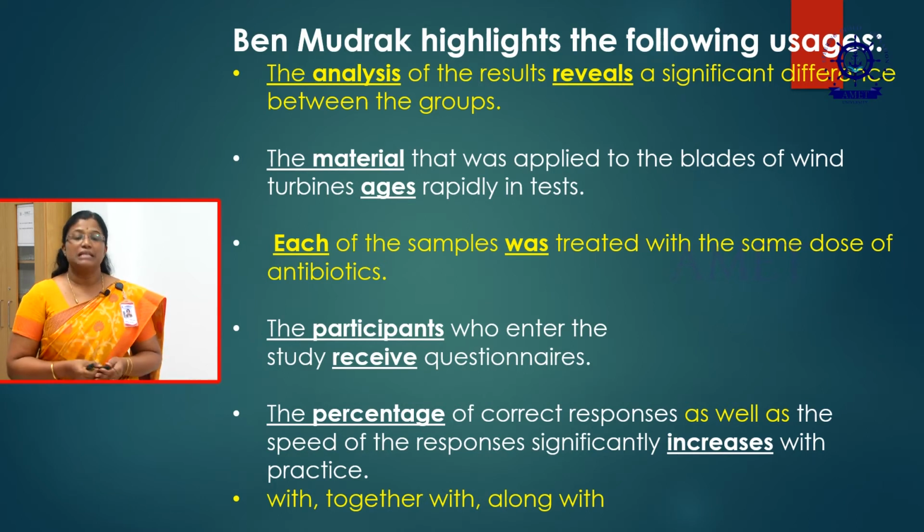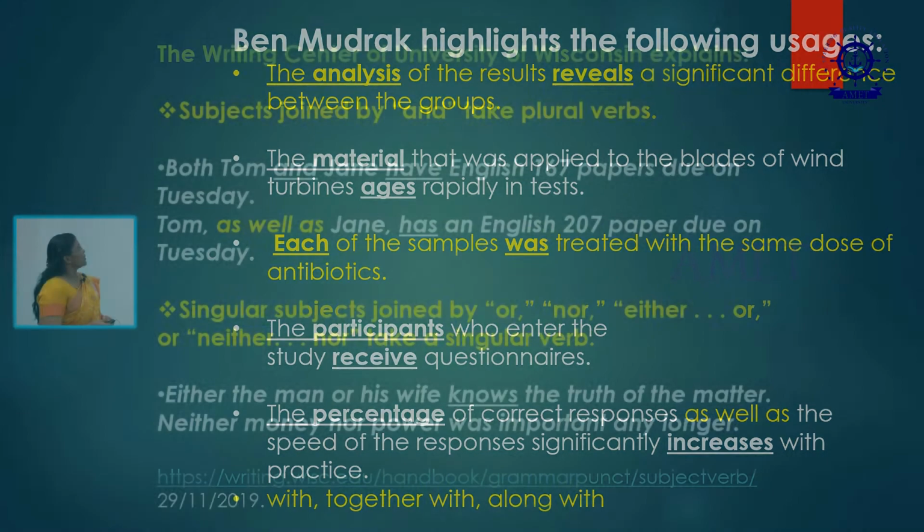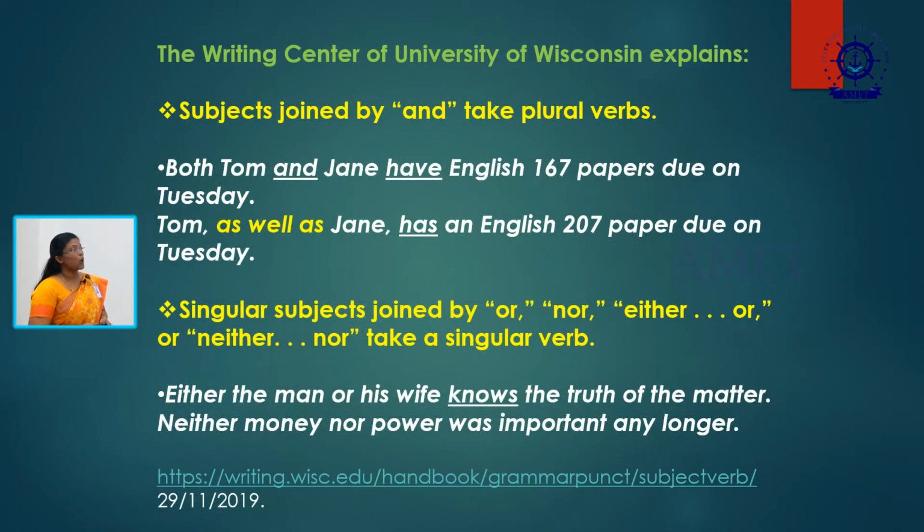All these conjunctions or connectives, when they are used to add to noun phrases, the whole subject will be considered singular. The Writing Center of the University of Wisconsin explains subjects joined by and take plural verbs. Both Tom and Jane have English 167 papers due on Tuesday. So, the conjunction and is used, both Tom and Jane, the subject has taken the plural verb have.